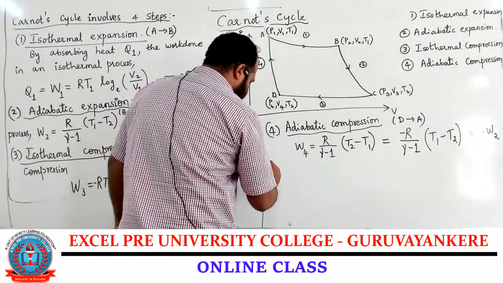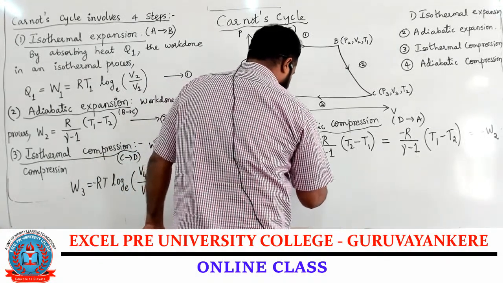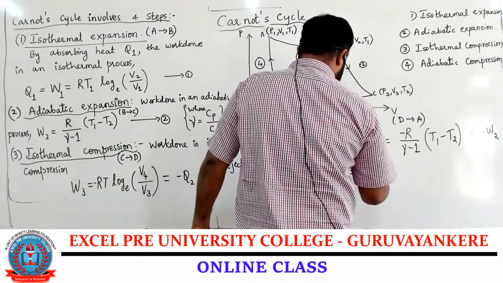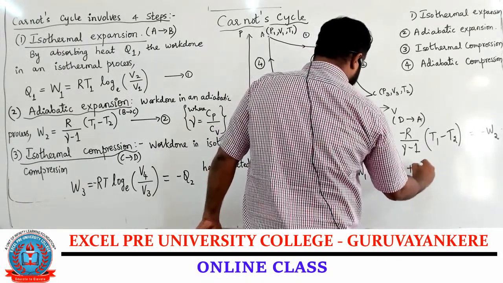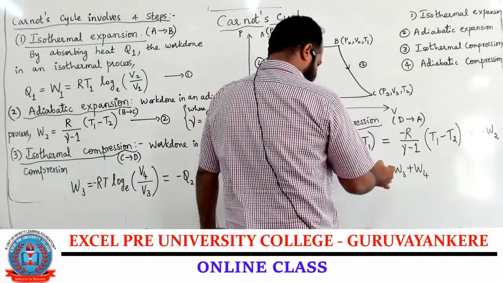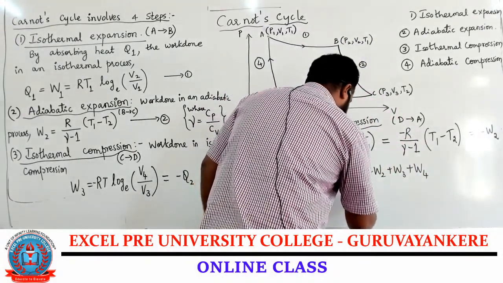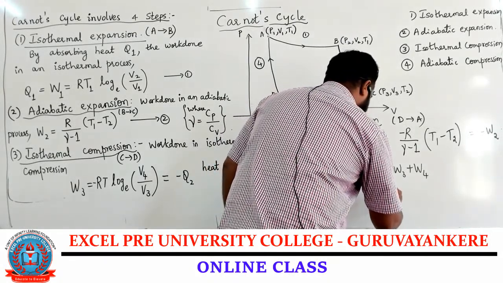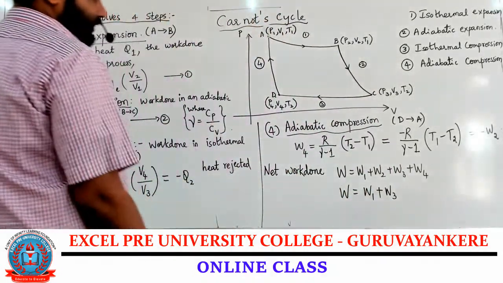So the net work done W is W1 plus W2 plus W3 plus W4. So here W4 can be negative of W2. So the net work done remains how much? W1 plus W3 is the amount of work done.